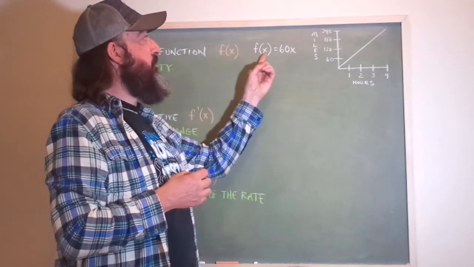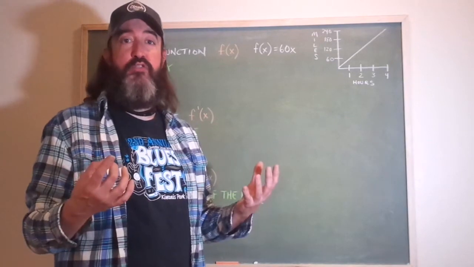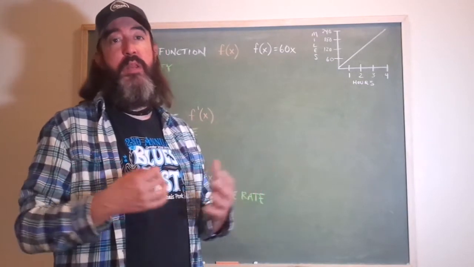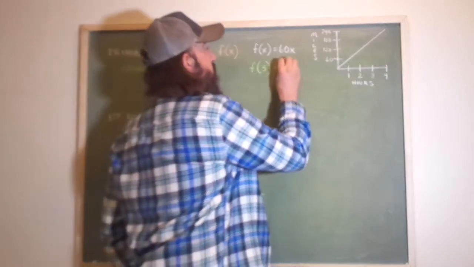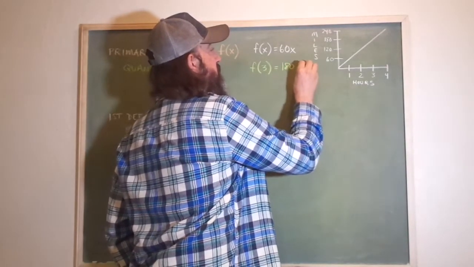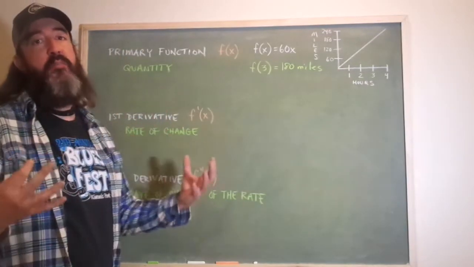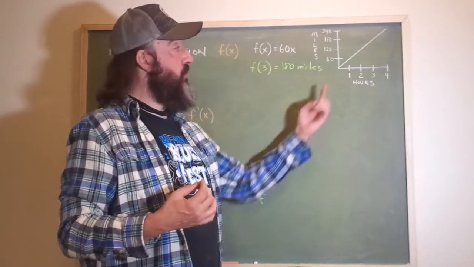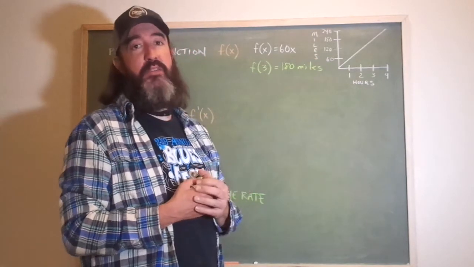I could evaluate f of 2. 60 times 2 is 120. I know after 2 hours of driving, this car has driven 120 miles. F of 3 is, of course, 60 times 3, or 180, and the output of this function is miles. It's a quantity. It's a number of miles driven. In this function, you plug in the x value of hours, and you get the y value of miles.